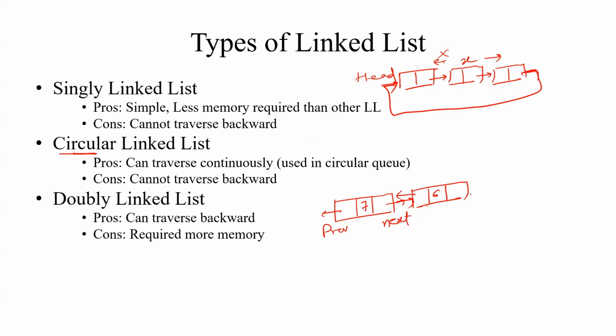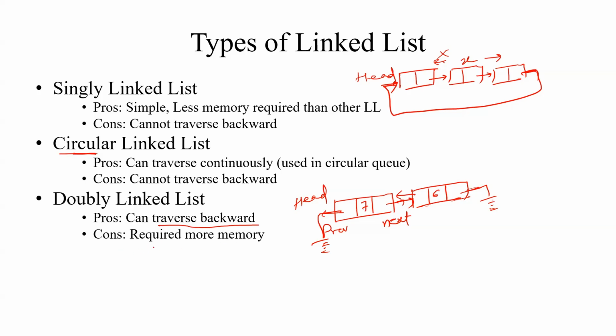This is called a doubly linked list. If this is the head node, then the previous pointer will be null, and if this is the last node, then the next pointer will be null, because the previous pointer is not present in the head and the last node does not have a next pointer. So in the doubly linked list, we can traverse in both backward and forward directions.